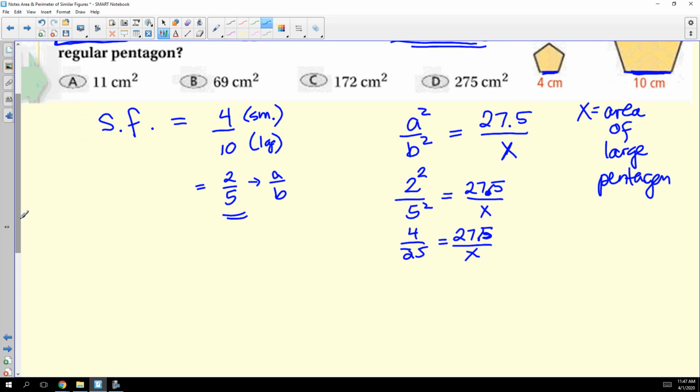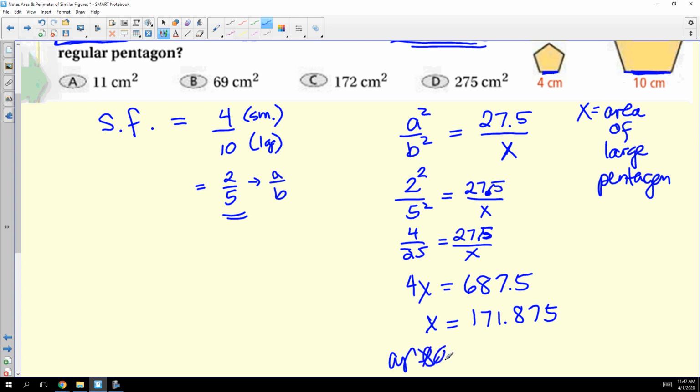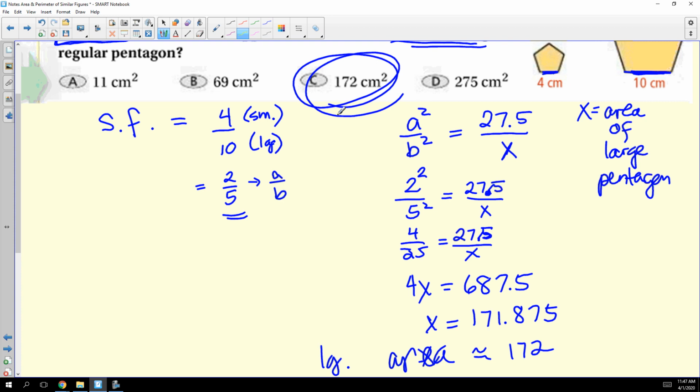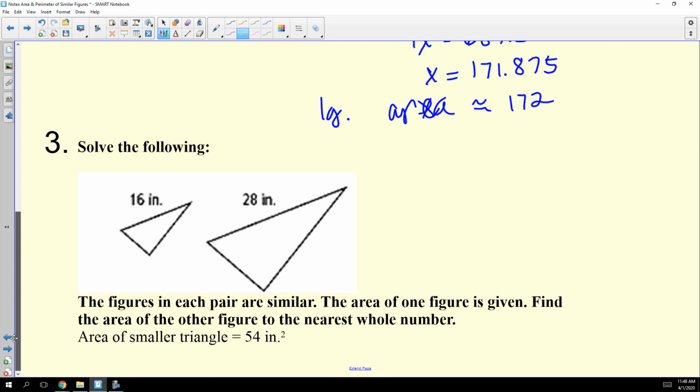Then I'm going to cross multiply and get 4x equals 687.5, and then divide that by 4, and x is equal to 171.875. So the best approximation for the area of the larger pentagon is going to be about 172. That would be the answer I would choose up here, choice C, if this were a multiple choice question. All right, now we're going to try another one.